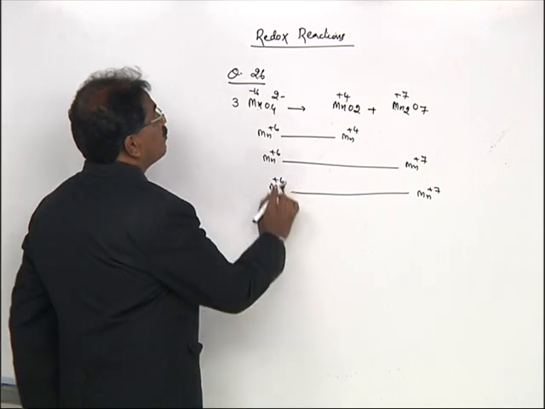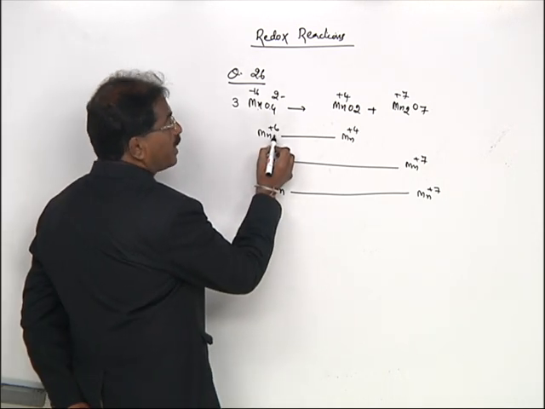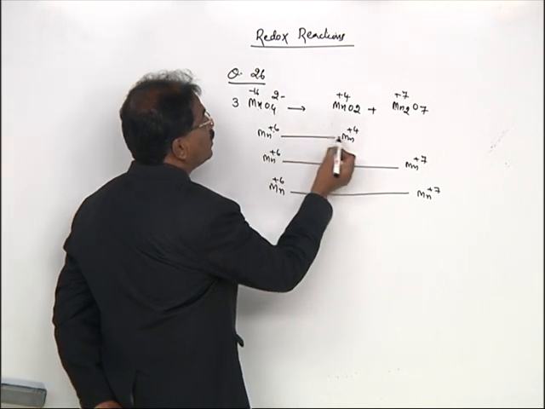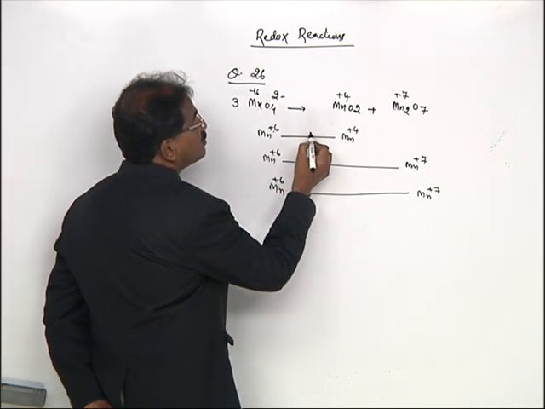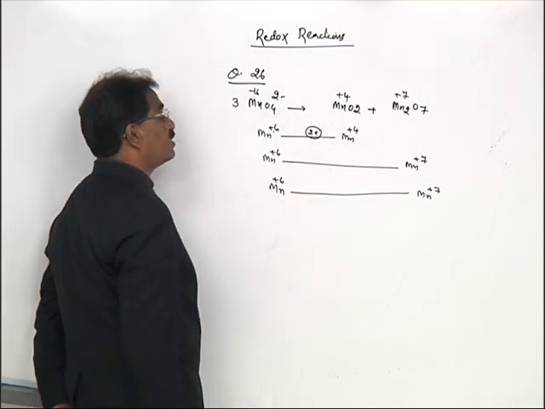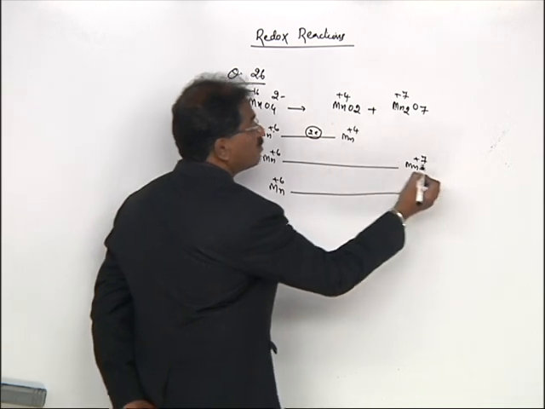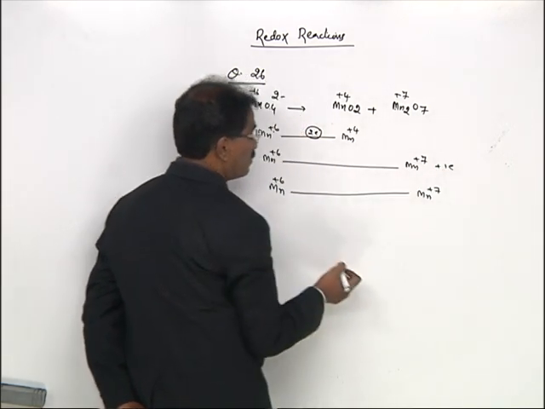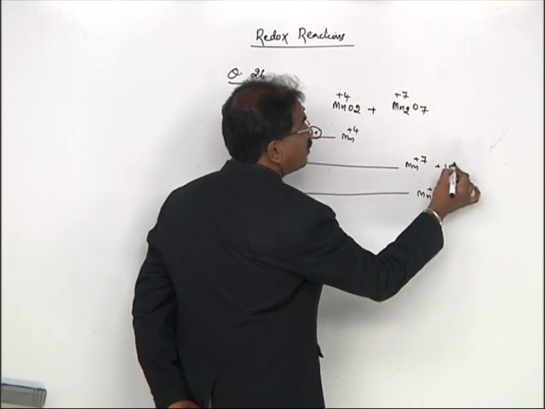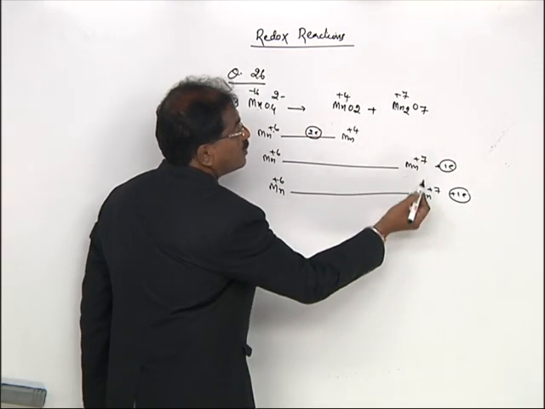That means when this manganese undergoes oxidation state change from +6 to +4, it is gaining 2 electrons. Here +6 to +7 means it is releasing 1 electron. +6 to +7 means it is releasing 1 electron. Here 2 electrons are being released.